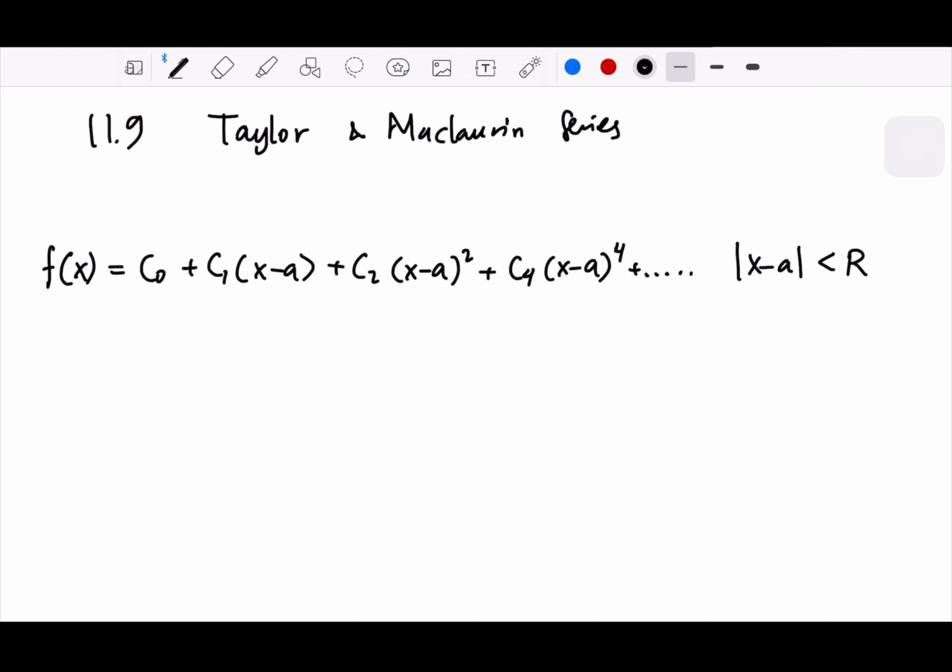We need to determine the first coefficient. To make it easier to imagine, let us take x equal a.